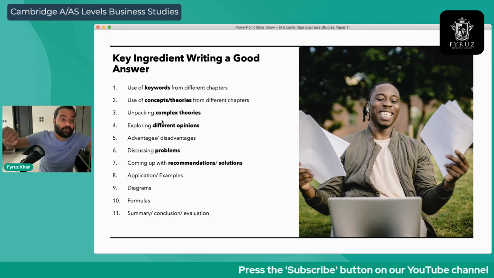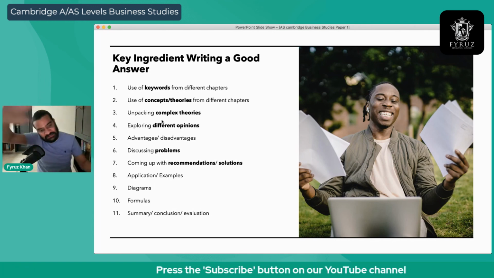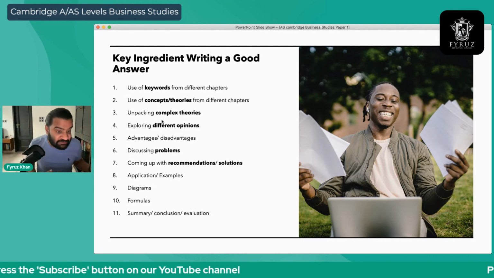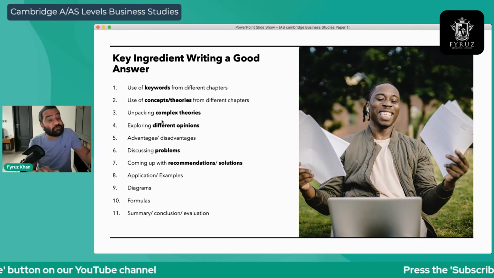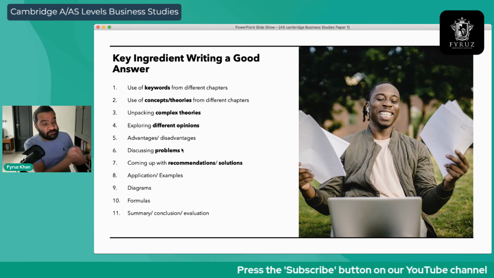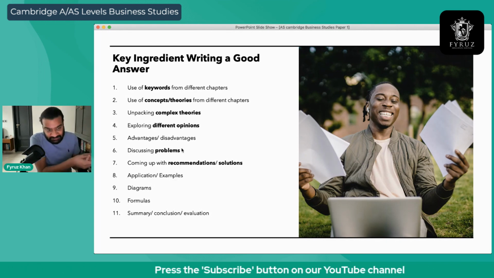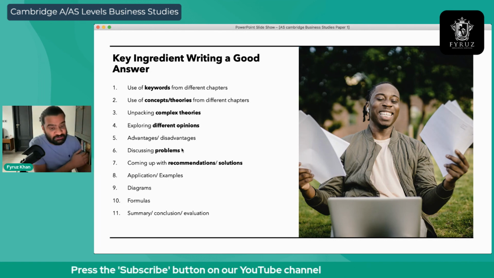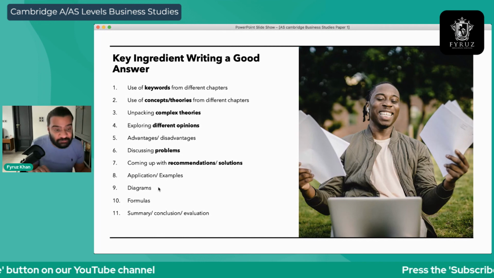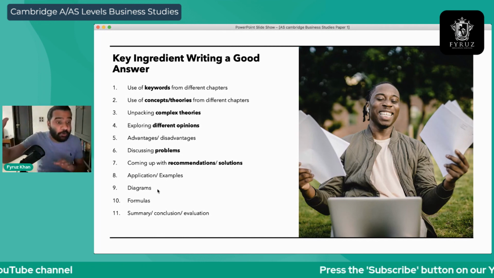This Taylor mentioned this, but Maslow talked about this. You can highlight the advantages and disadvantages. You could discuss problems, and then you can come up with recommendations and solutions. You could come up with applications and examples, diagrams. You could stick in a formula.